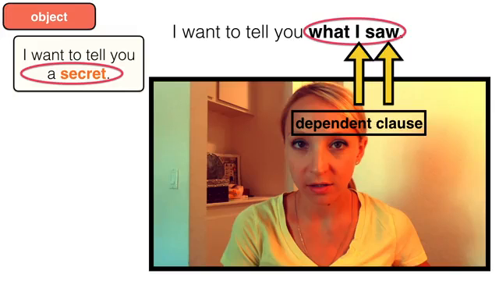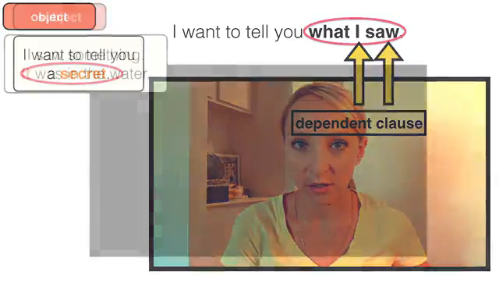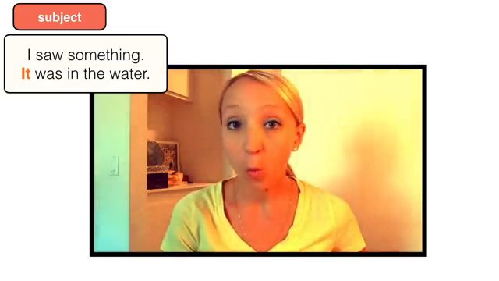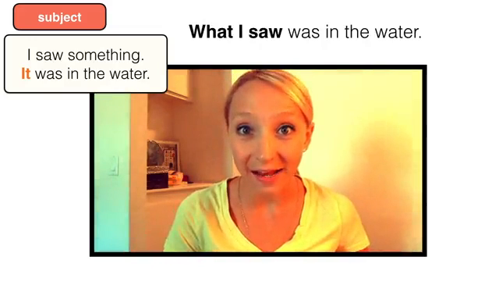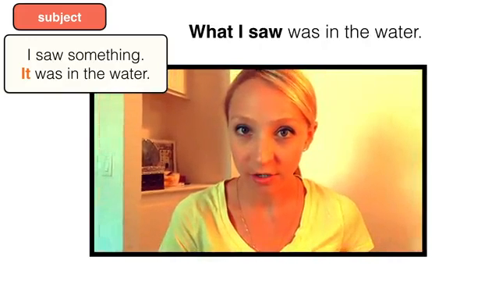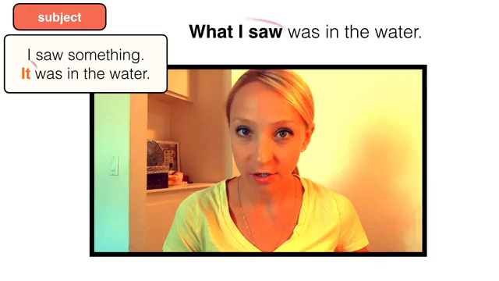Let's look at 2 more examples. What I saw was in the water. Okay, now the noun clause, what I saw, is acting as the subject of the sentence. Notice that it receives a singular verb form, was.